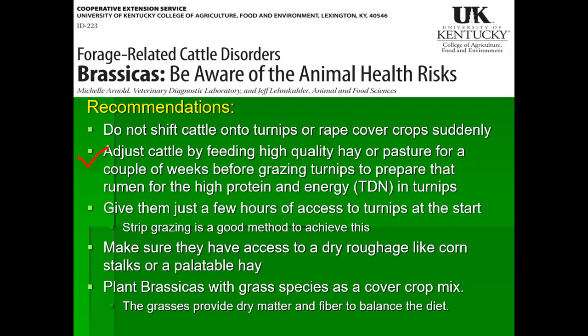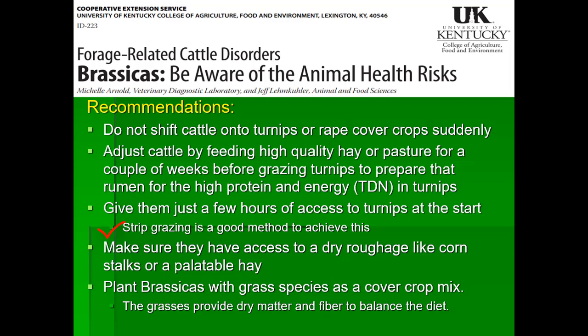That way we prepare the rumen for the high protein and energy in turnips. Another one is to give them just a few hours access to turnips at the very beginning. Also make sure that they have access to a dry forage like corn stalks or a palatable hay. Basically, just not allow them to fill their rumen with more than 70% of the total ration.